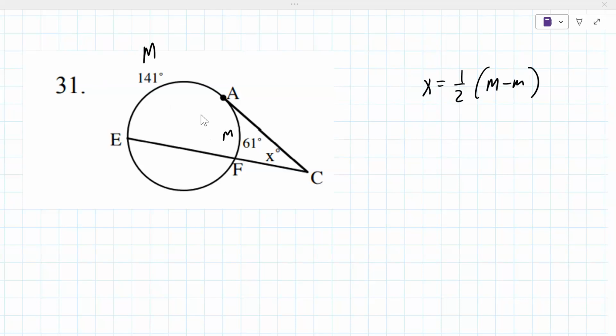So when I'm setting up the equation, I have 1/2 parentheses 141 minus 61. Am I distributing that 1/2? You should simplify first.